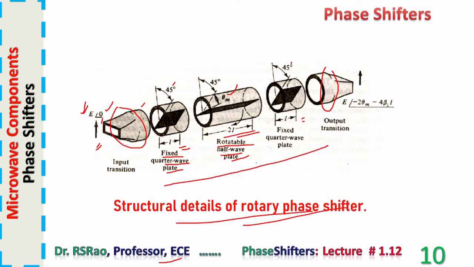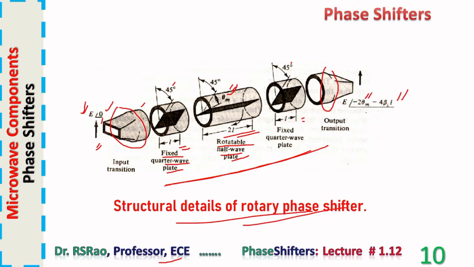During this journey, the wave undergoes an amount of phase shift that is given by minus 2 theta m minus 4 beta L. Theta m is defined here in the diagram. Theta m can also be defined as angle made by the plate with the horizontal minus 45 degrees.